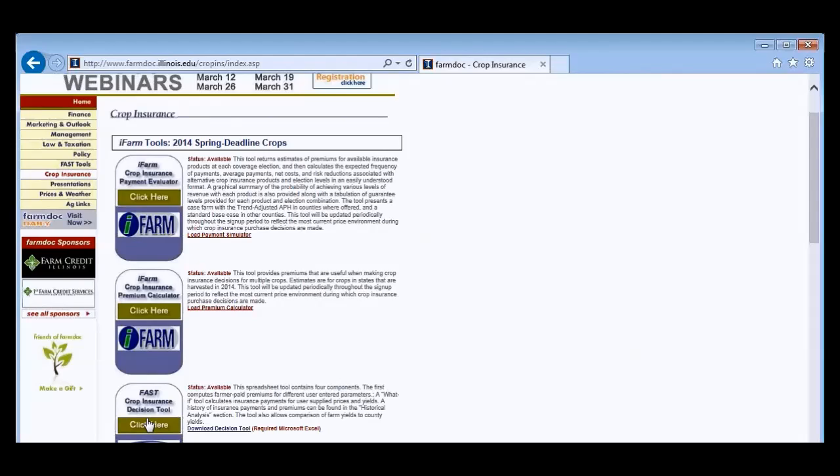If prices drop in the fall this year to $3.75, what will be the payment and the premium on an 85% RP policy for your Macon and Sangamon County examples? All right.